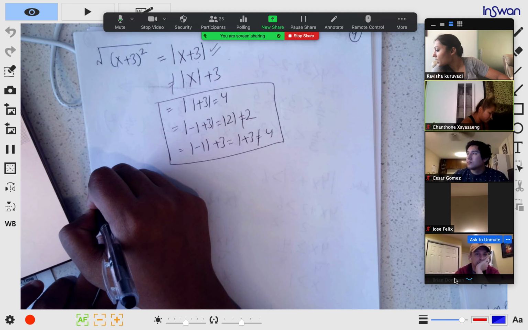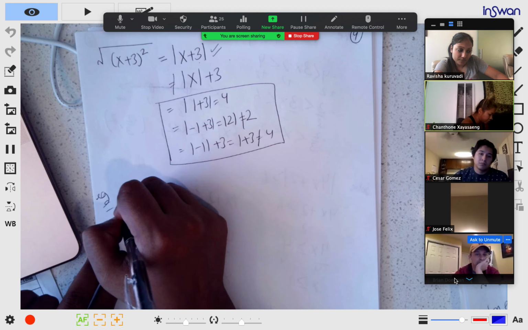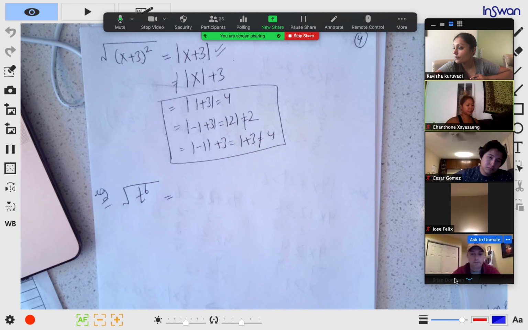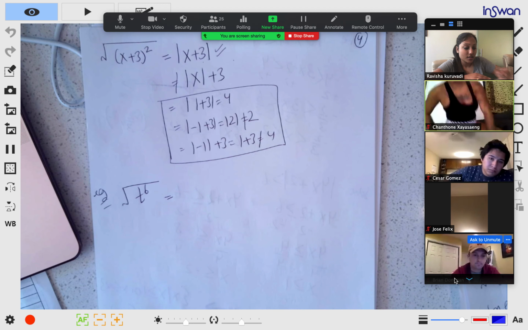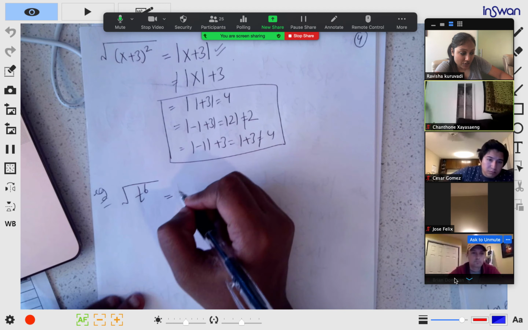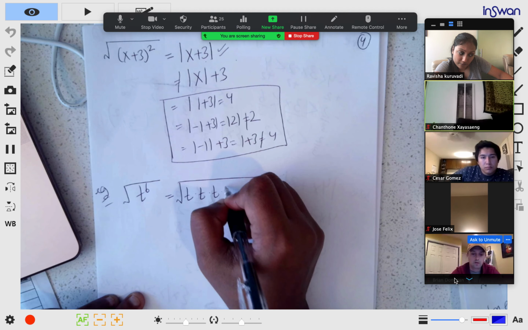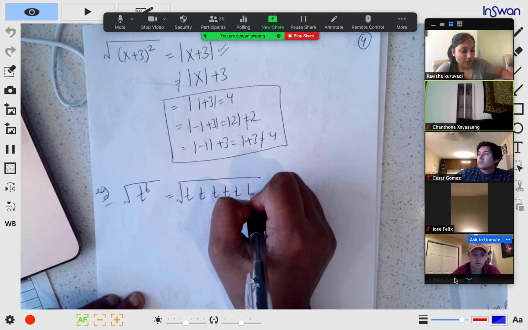They're saying square root of this thing. You have to do this thing here. Again, t to the power of 6 means you are multiplying t 6 times. 1, 2, 3, 4, 5, 6. Make pairs of 2.